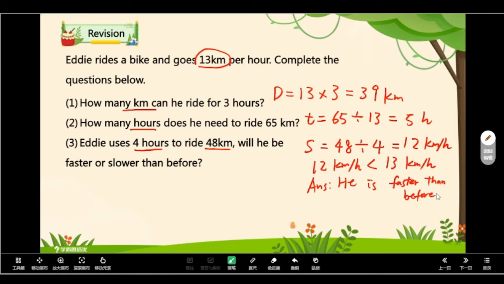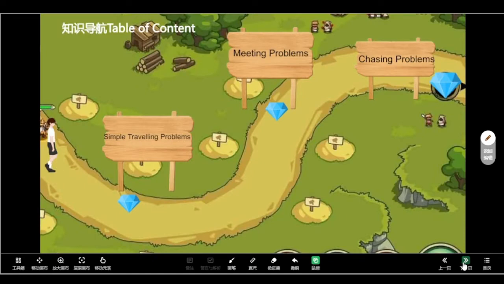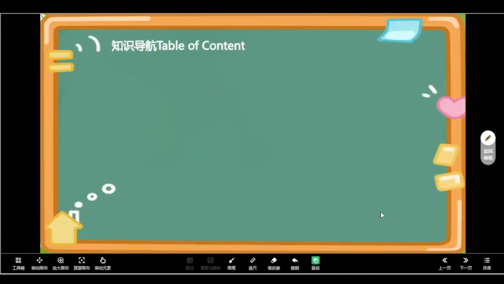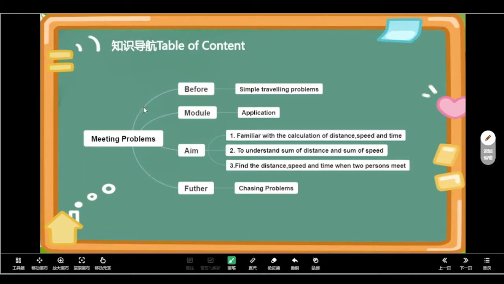Very well done. And today we are going to talk about some new knowledge. After we have solved our simple traveling problems, today we are going to solve some meeting problems. Let's see. Here is the table of contents. We are going to talk about the sum of distance and sum of speed, and to familiarize our understanding of distance, speed, and time.